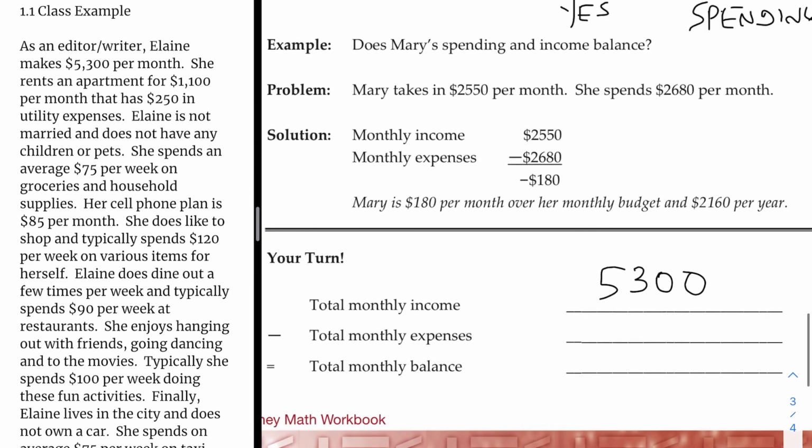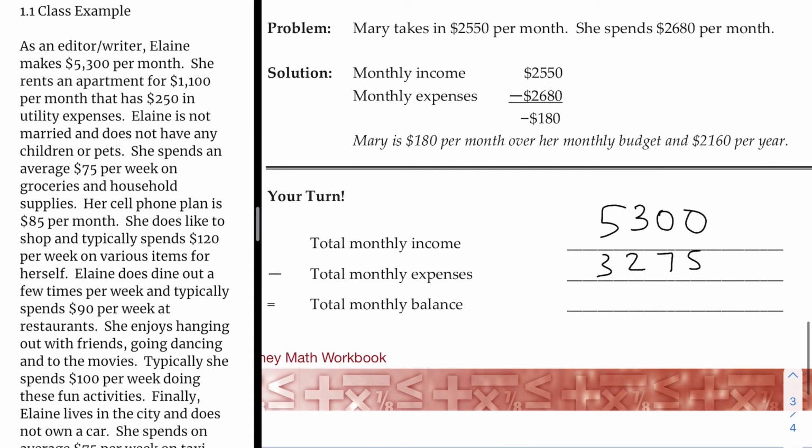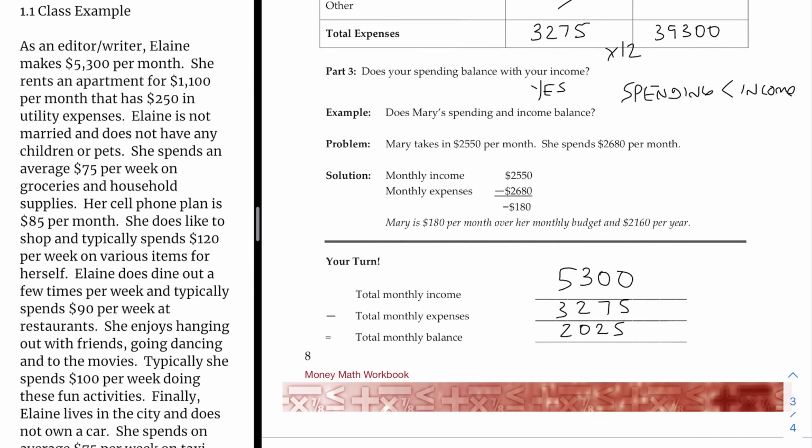And our monthly expenses were $32.75, so we're going to be on the plus side. That's a good thing. So if we take that $5,300 a month we're making and we take away the $32.75 we're spending, we're banking $2,000 a month. That's best case scenario. So obviously other expenses creep up here and there, but there you go.